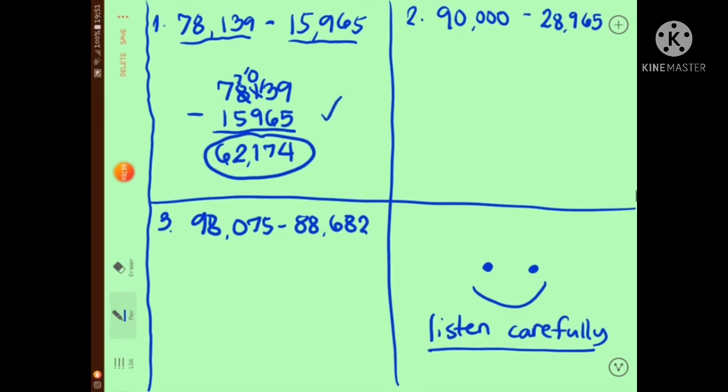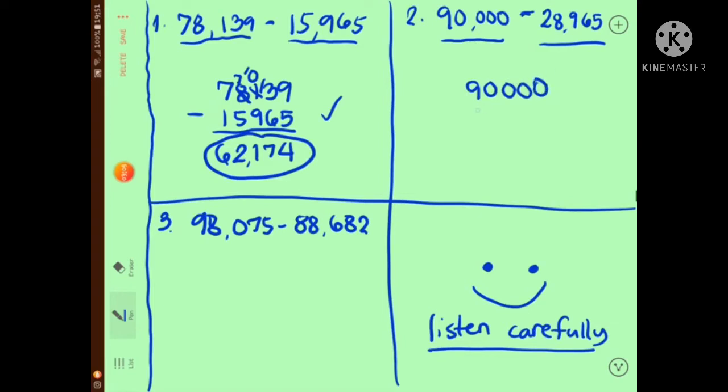Alright? Okay, number 2. We have here 90,000 minus 28,965. Okay? I will line up first the two numbers. So 9, 0, 0, 0, 0.